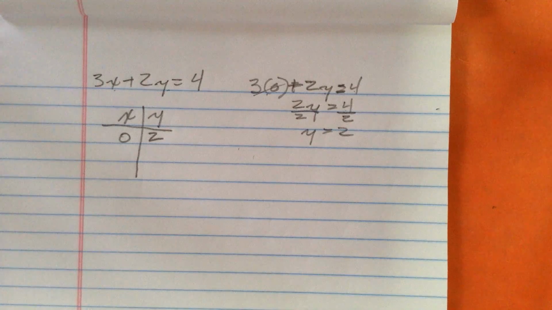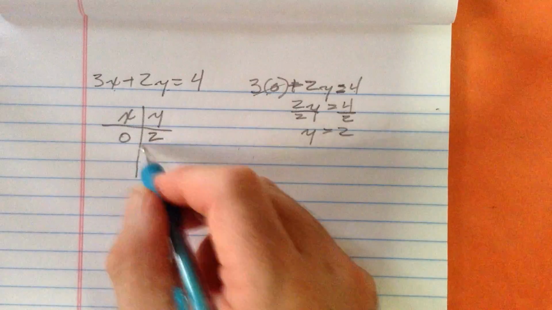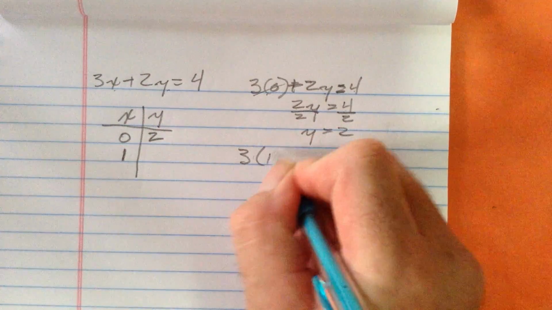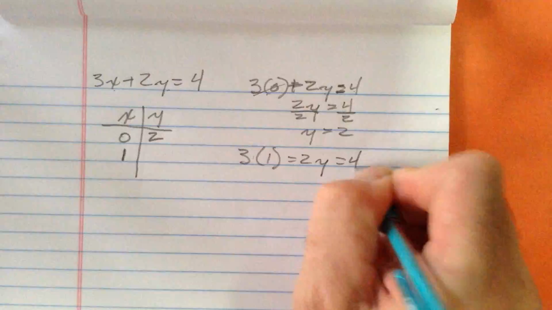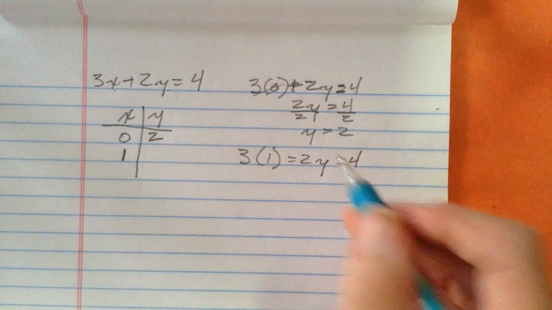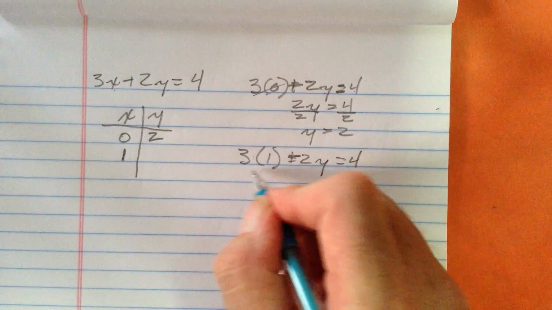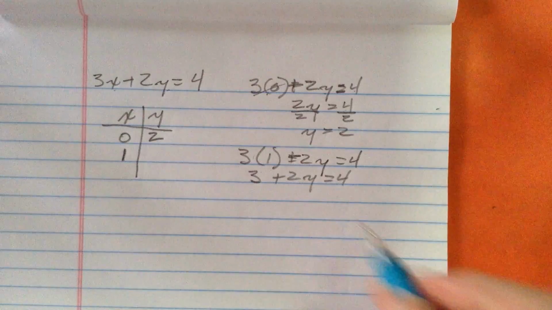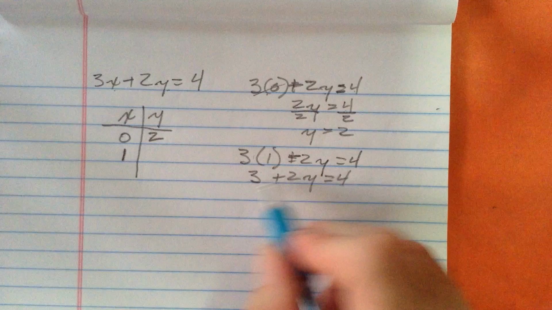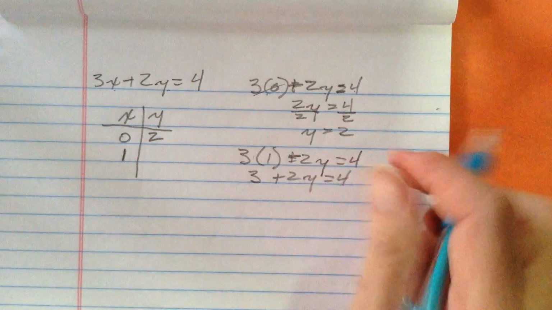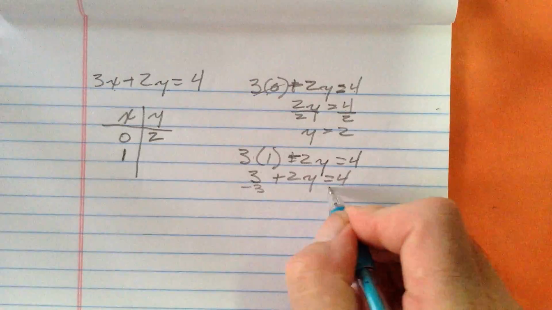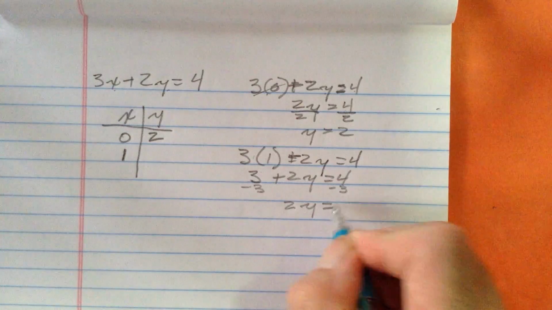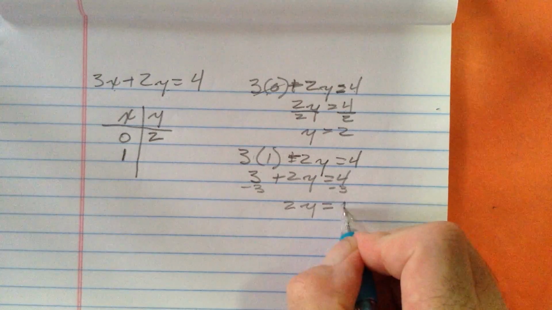Okay, so let's try another one. Let's try if x is 1. So 3 times 1 plus 2y equals 4, so 3 plus 2y equals 4. As in lesson 59 again, you have to isolate the y, so I go minus 3, that becomes 0, and I end up with 2y equals 4 minus 3, which is 1.